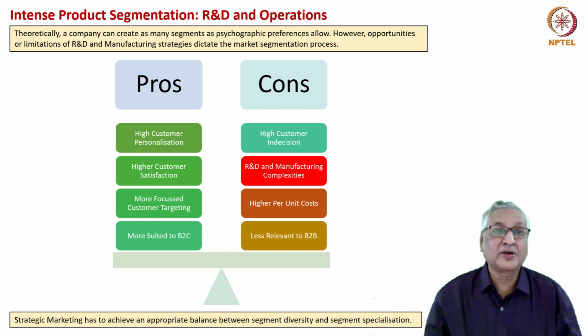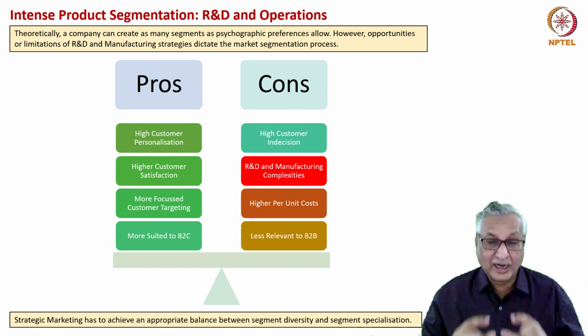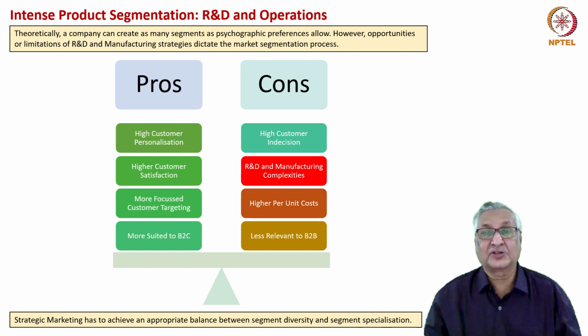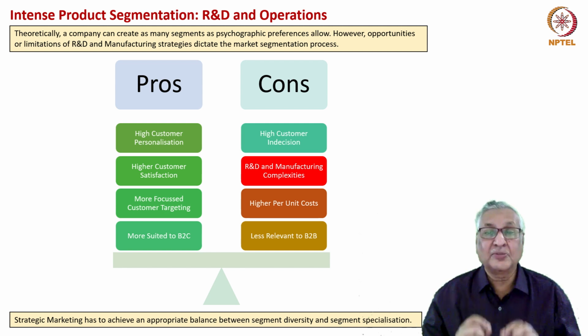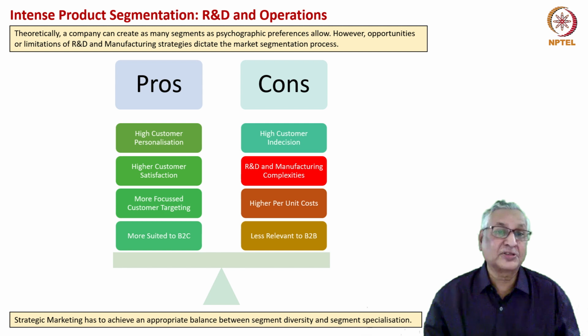When you have intense product segmentation, theoretically, you can create as many segments as possible which are aligned to the psychographic preferences of the persons, apart from the essential geographic, demographic, and behavioral preferences. However, the opportunities or limitations of deploying R&D and manufacturing for such an objective also dictate the segmentation process.